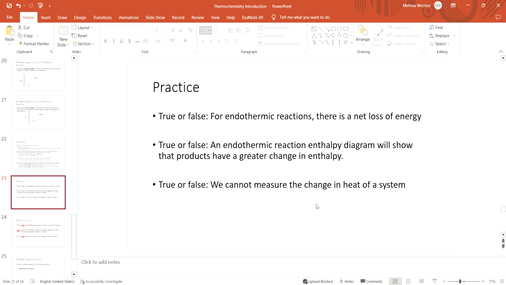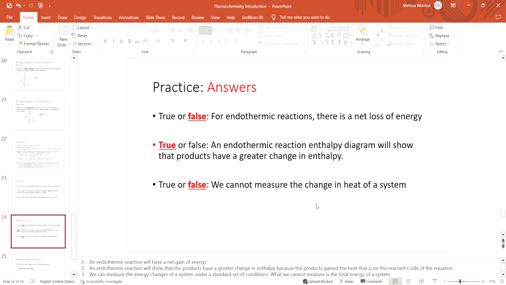So I'm assuming you took a second to attempt those questions, right? The first one is false. For endothermic reactions, you're going to have a net gain of energy. The second one is true. An endothermic reaction enthalpy diagram will show that the products do have a greater change in enthalpy.